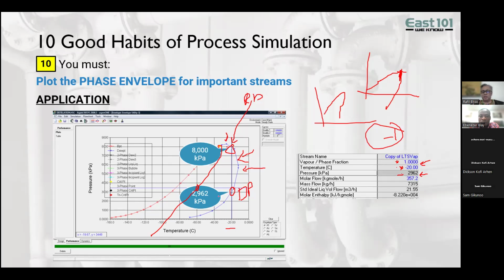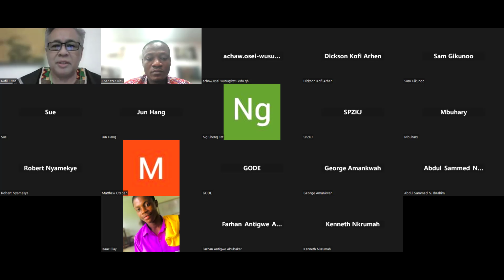So if you know that your fluid exhibits a retrograde dew point, you can punch in minus 1 for HYSYS to calculate that. Yeah, so that's all this little trick was. I think I put that in my LinkedIn, if I'm not mistaken.